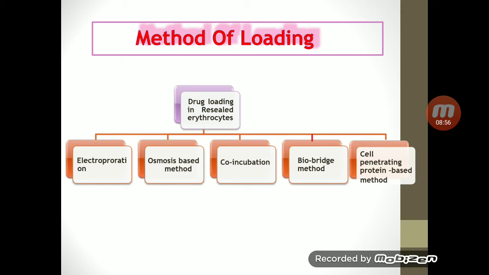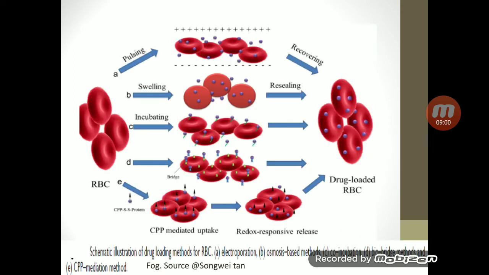Some other methods are also there, like electroporation and osmosis based methods. In this figure, the first, A, is electroporation. Using electric signals we can modify the penetrability or permeability of RBCs.